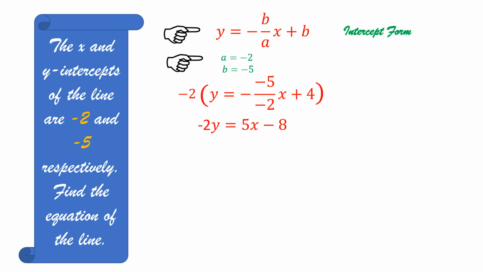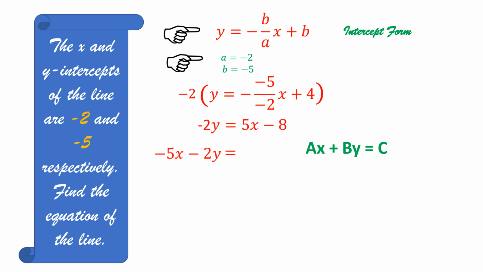So that is -2y is equal to positive 5x minus 8. So where did you get the positive 5x? Negative times -5 is positive 5x, and -8 is from -2 times positive 4. So that is -8. So we need to arrange this in standard form. So here is the equal sign, transpose 5x, and that will become -5x.